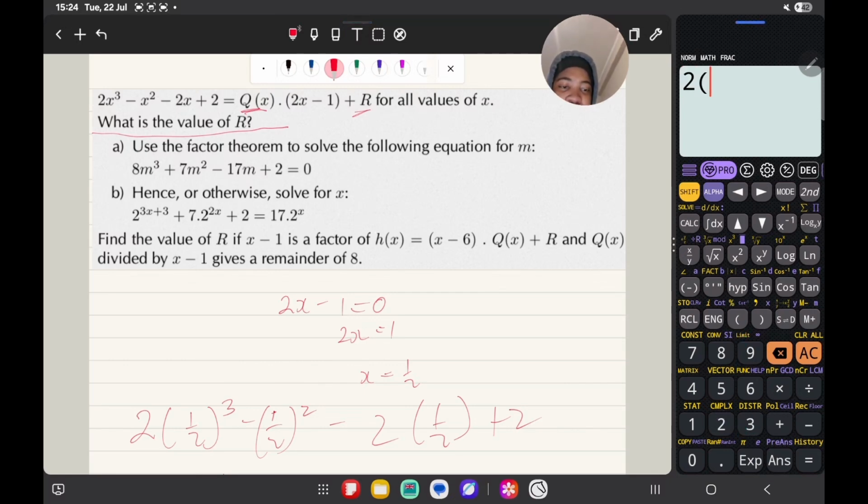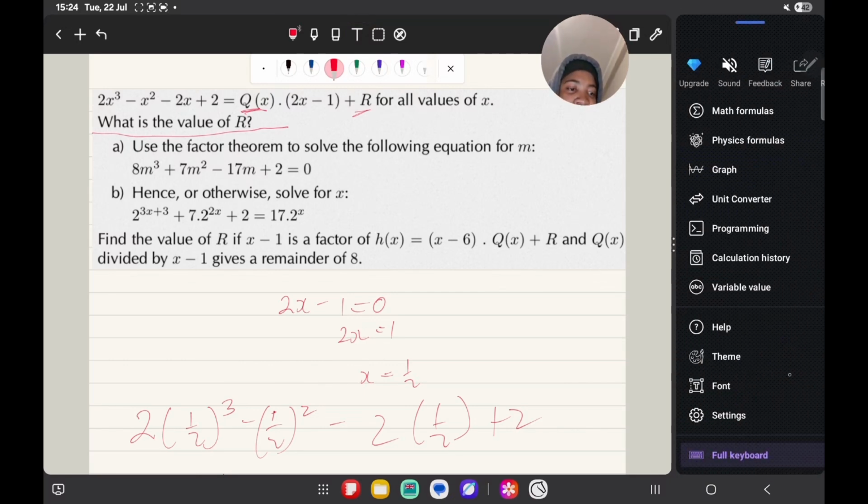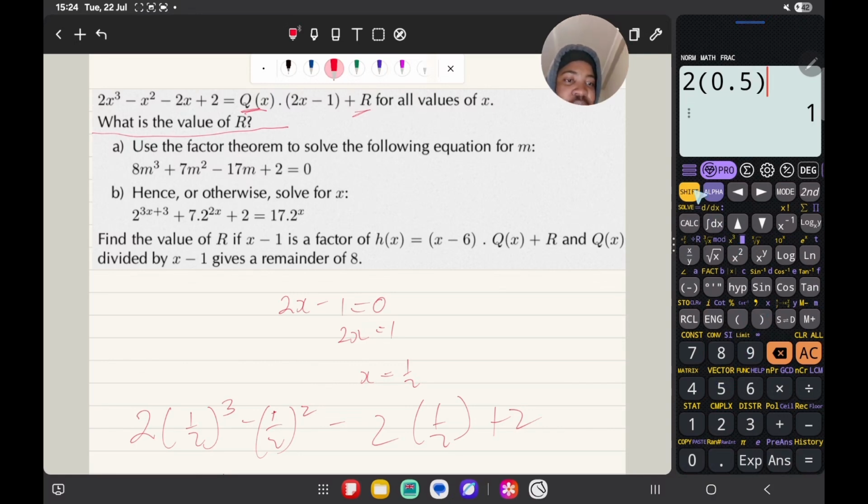So that's 0.5 minus 0.5, it's a minus again, minus 2 times 0.5, and then plus 2, and then we get 1, right?